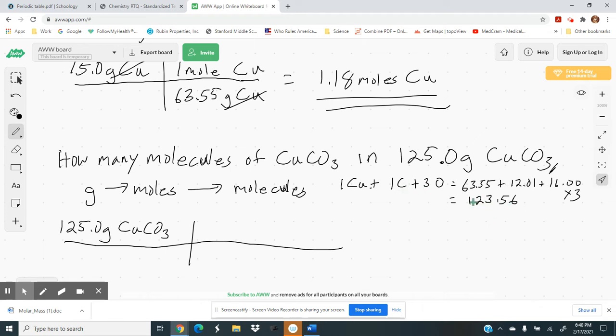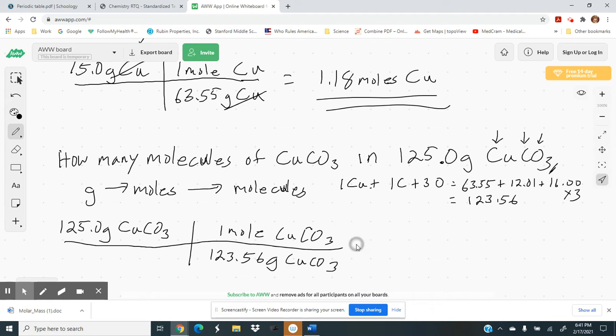So 123.56 is the molecular mass of copper carbonate. That's adding the mass of the copper, the carbon, and 3 oxygens. So once again, just like I did up above, 123.56 grams of copper carbonate per mole of copper carbonate.